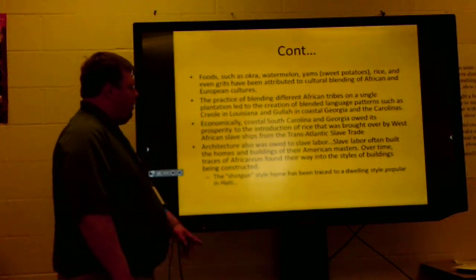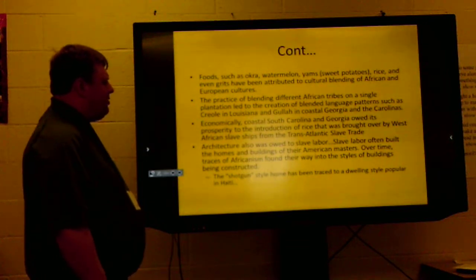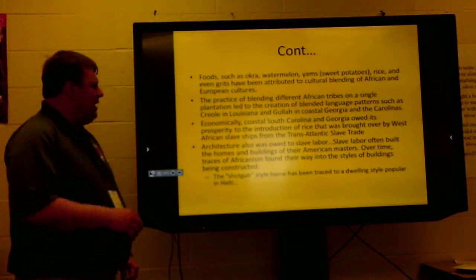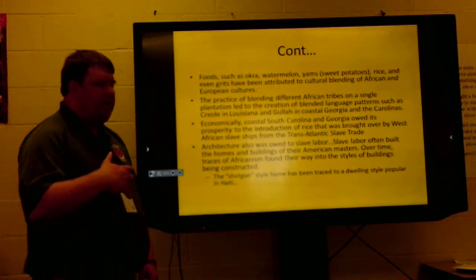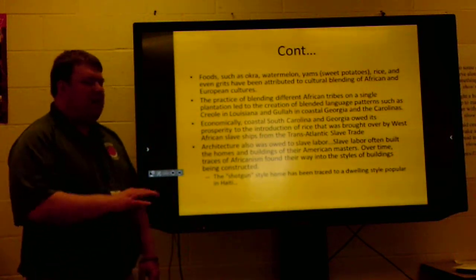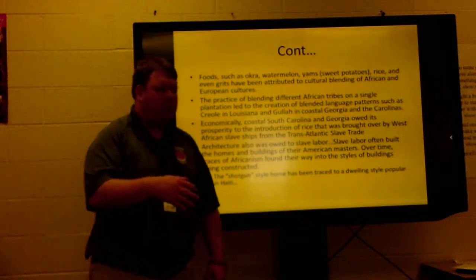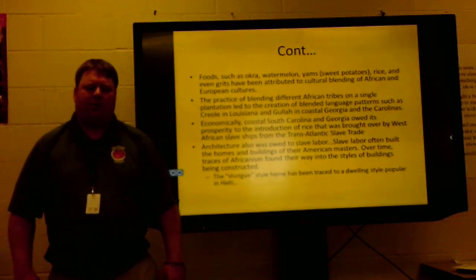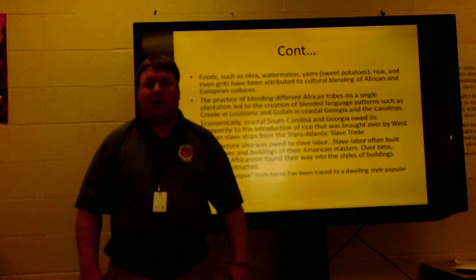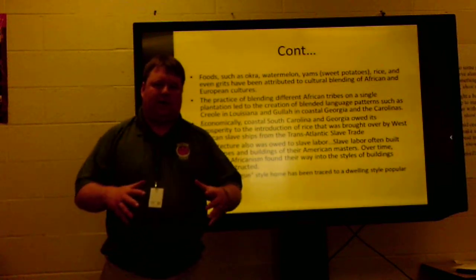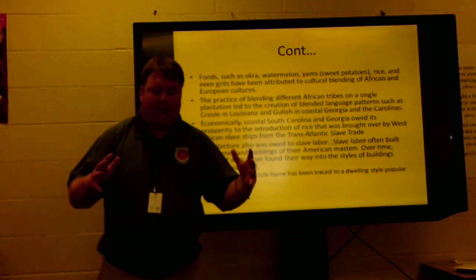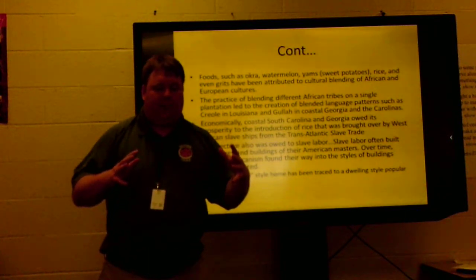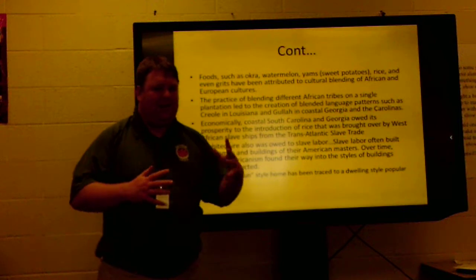The practice of blending different African tribes on a single plantation led to the creation of blended language patterns, such as the Creoles in Louisiana and the Gullah people off the coast of Georgia and the Carolinas. Perhaps you'll remember an old show on Nick Jr. called Gullah Gullah Island. Basically it focused on a little family on this island that were descendants of slaves, and they had different language patterns.